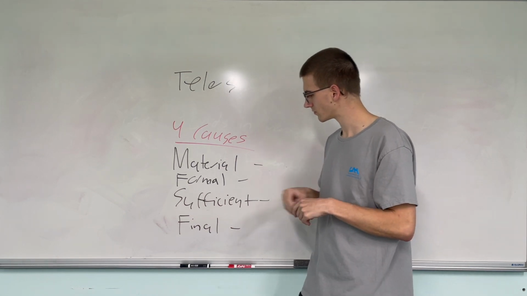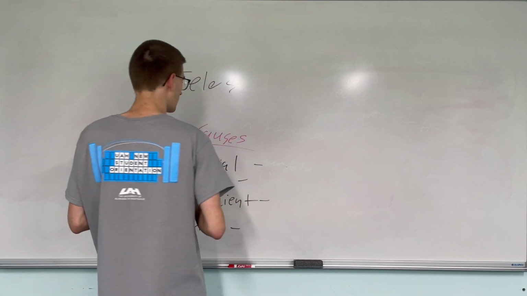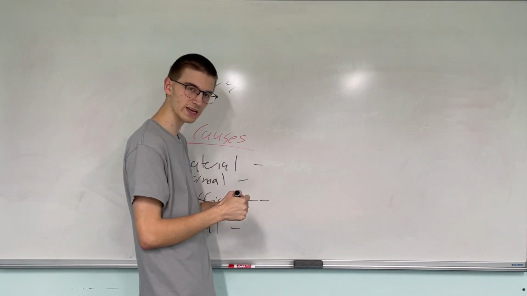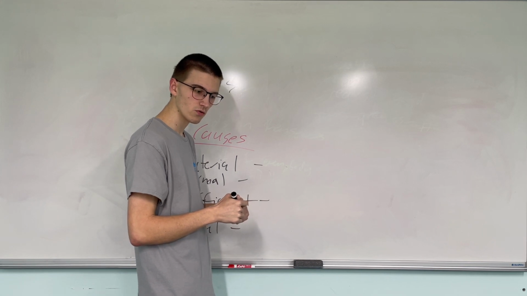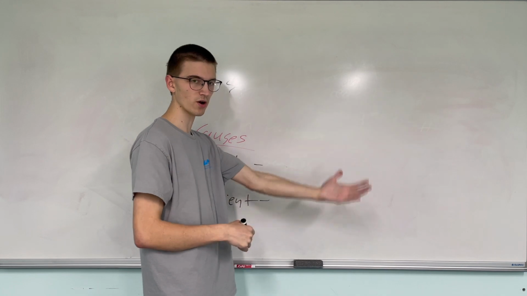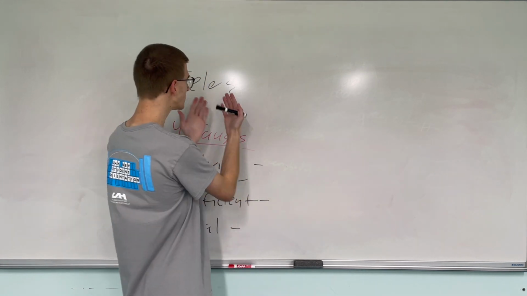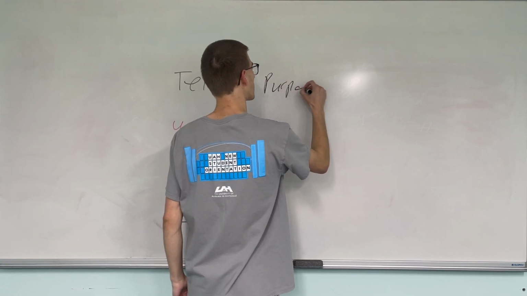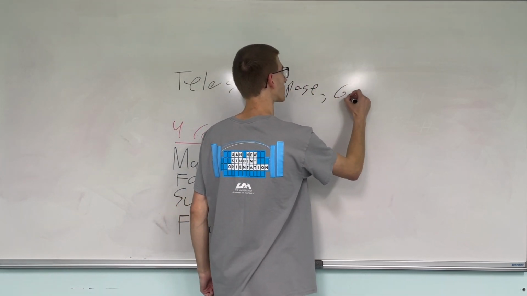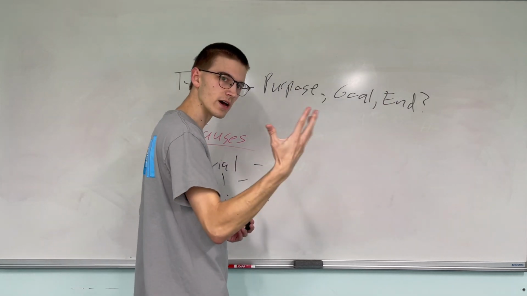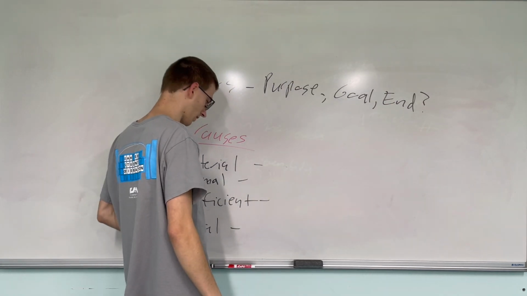Because for Aristotle, ethics, talking about what is the right thing to do, requires thinking about what is the proper end of something. What is the telos, or purpose, goal, end? What is the telos of such and such thing?